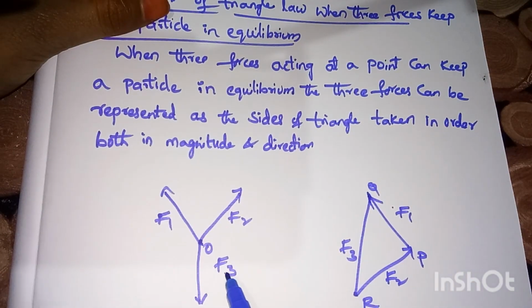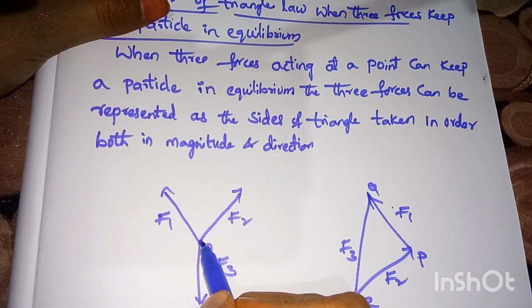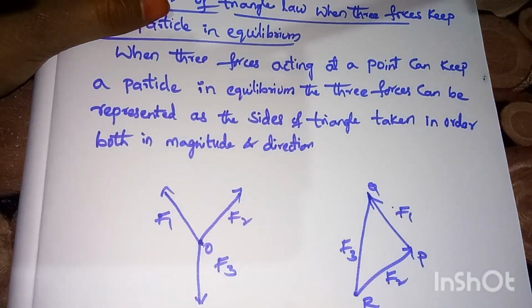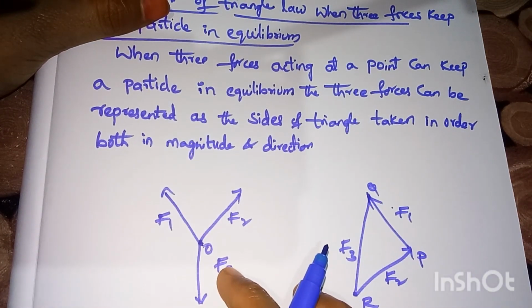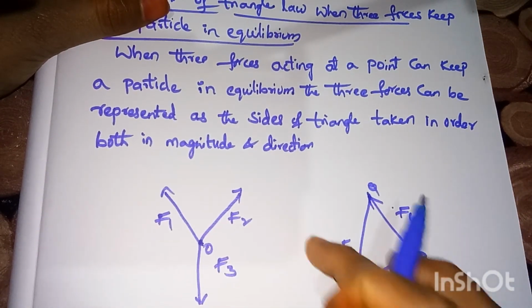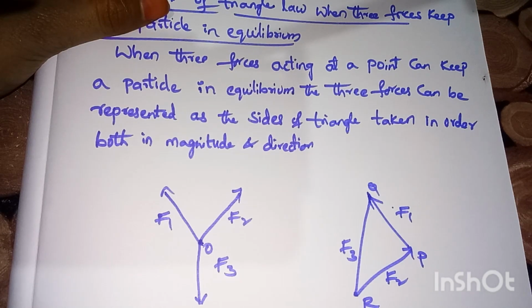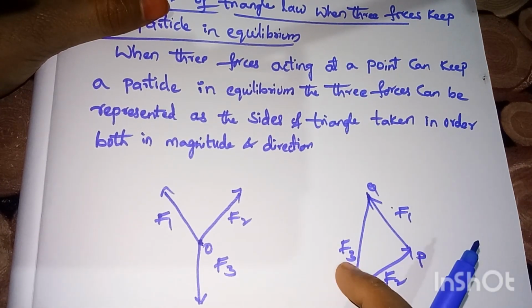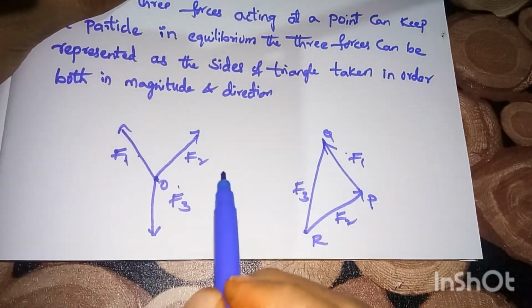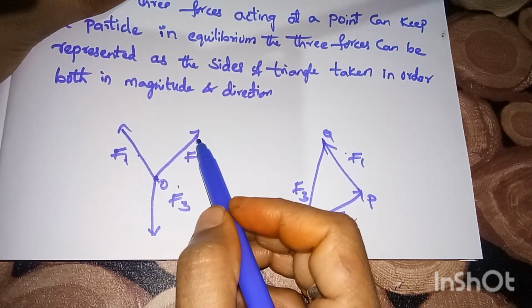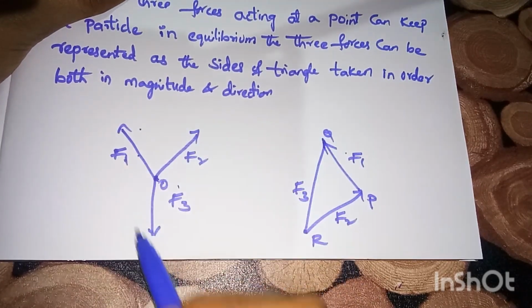The three forces are acting only at one point, and at this point the particle is in equilibrium. So these three forces can be represented as the sides of a triangle taken in order, both in magnitude and direction. We can form the triangle with the help of this diagram by drawing lines parallel to the directions of the three forces.